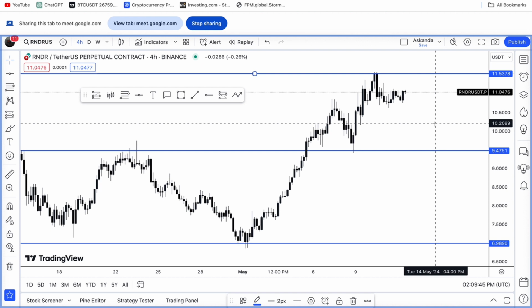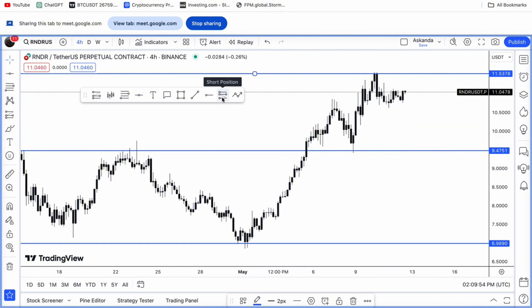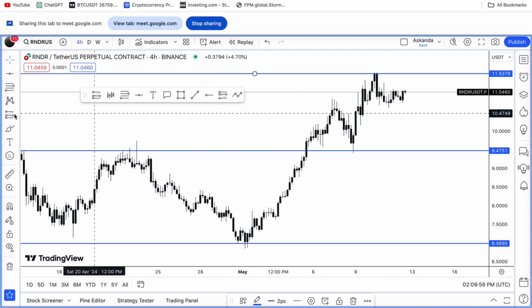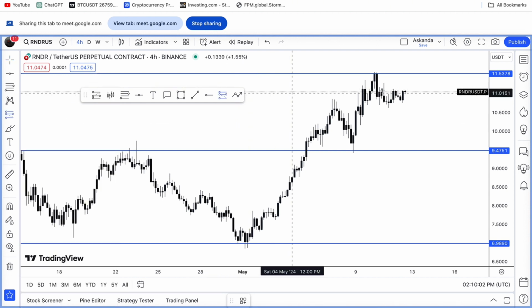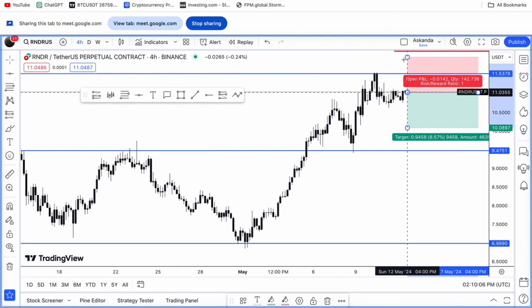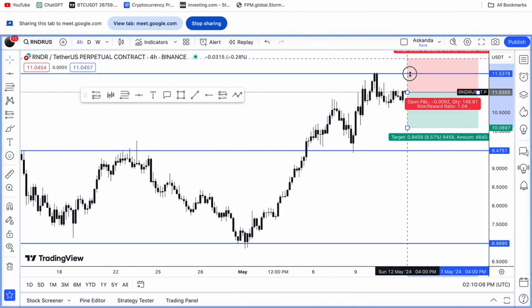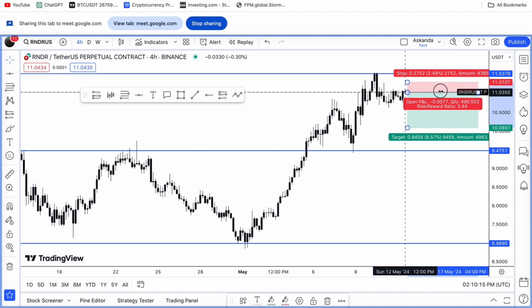So from Monday, if we are going to take a trade on RND token, we are going to be selling it, right? If I'm going to enter the trade, I'll select the short position. Then I'll select here, scroll down, and drag here.